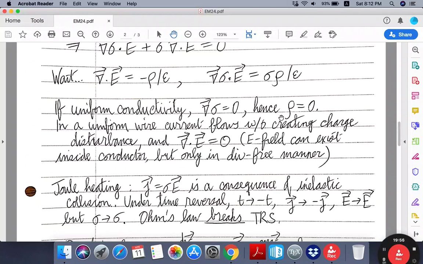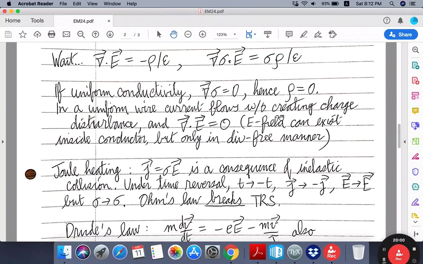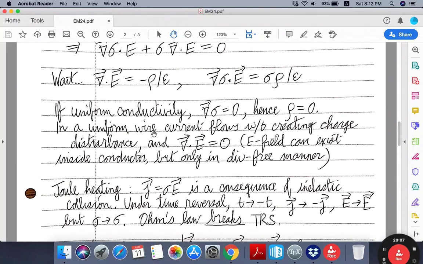Now, what's the meaning of that? Well, what it means is that in a completely uniform wire, there can be a current flow, but this current flow is not accompanied by any sort of charge disturbance or charge inhomogeneity.